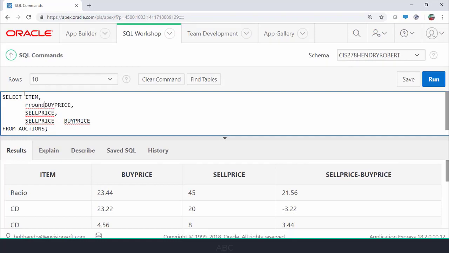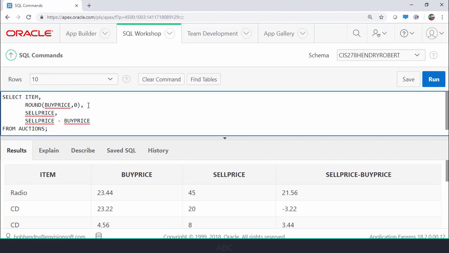Now, I want you guys to look up round functions if you want. But basically what we can do here is we're rounding the buy price, and 0 means we're not using any decimals. We can do this if we want to round to 2 decimals, but we're already doing that. If I want to round to 0 decimals, which is the total dollar, it would be something like this.